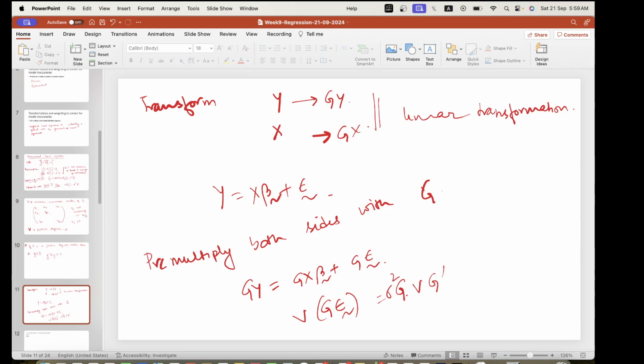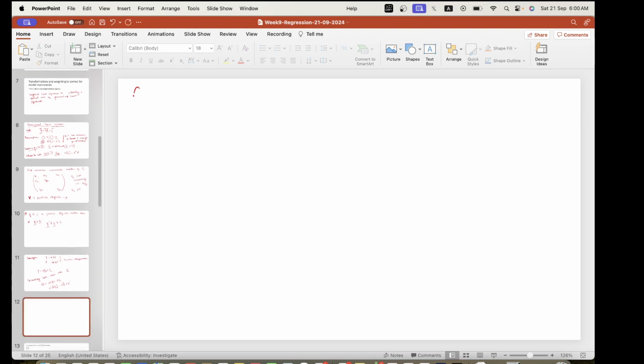Now we have to choose G such that G V G transpose is equal to I. If we can ensure that this transformation is happening, then equation 2 will follow the usual Gauss-Markov assumptions, and we can just use OLS to get the estimates of betas.